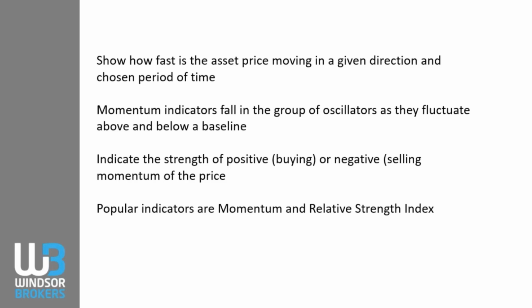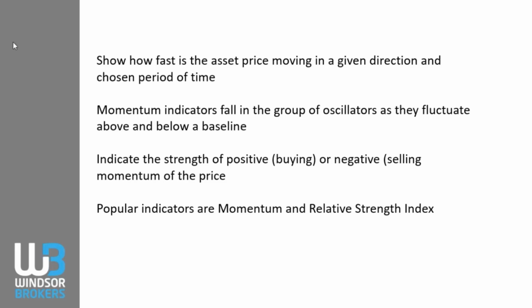So positive momentum indicates that the market is bullish and buying is preferred, while negative or bearish momentum suggests selling of the asset. These fall in the group of oscillators that have either a baseline or two lines, and they fluctuate above or below, and we will see in our chart how it works.